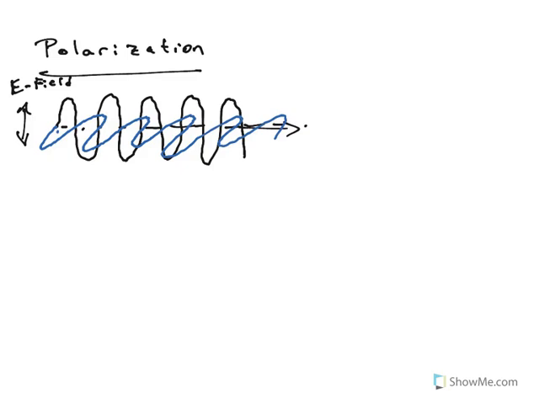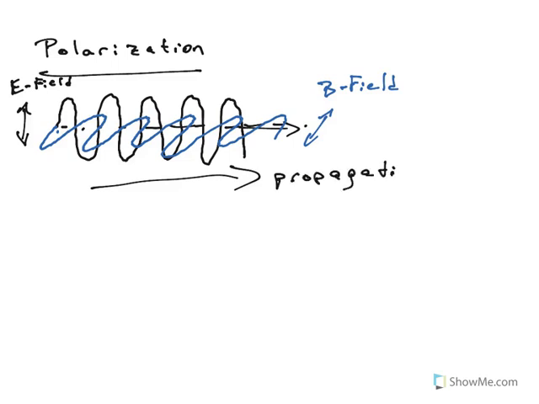So this blue wave is basically oscillating towards you and away from you, or kind of out of the screen and into the screen. And that's what the magnetic field does. So you have the electric field up and down, you have the magnetic field into and out of the screen, and all the while the wave itself is moving, actually propagating left to right. And that's exactly what a light wave is.